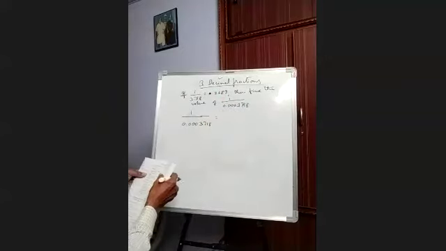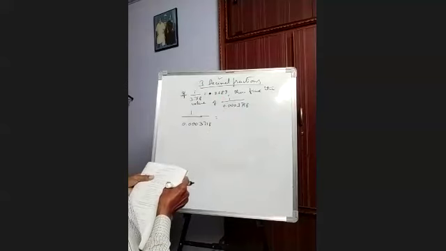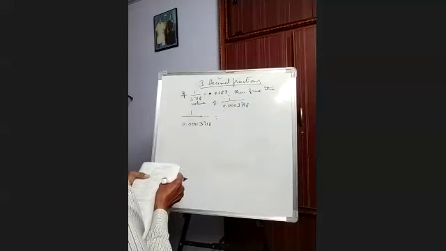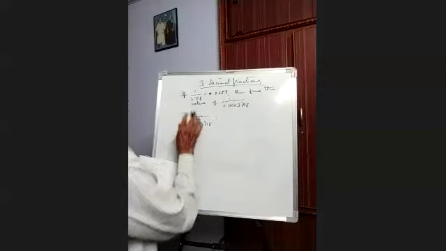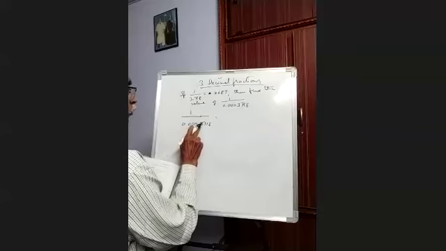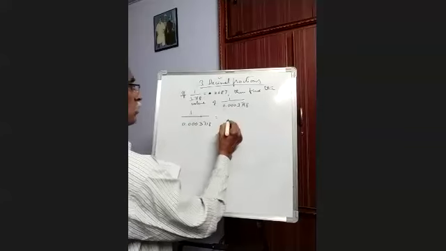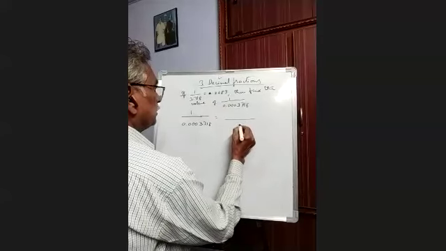Compare this one. To obtain this, 1, 2, 3, 4, 5, 6, 6 places towards right.